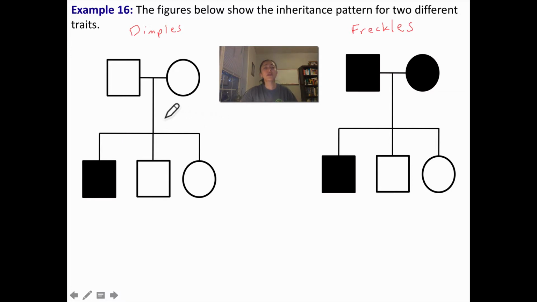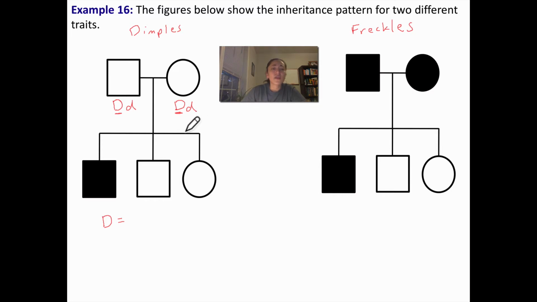So what do we know if that's the case? Well, in this case, we know the parents have to be heterozygous. That's the only way that this is possible. So let's make a little key here. So on this side, big D would equal, well, we know if the parents are heterozygous, that any individual that's heterozygous is always showing whatever is controlled by the dominant allele, right?